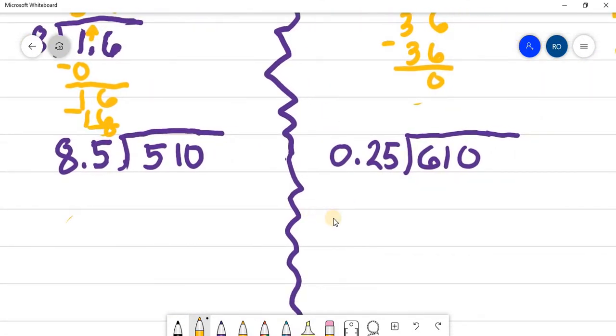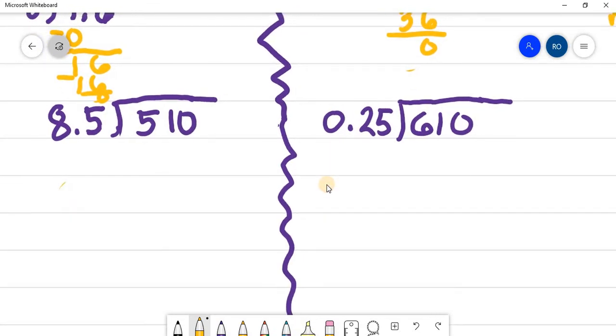Now, what if the whole number is the dividend and the divisor is a decimal? This time, we are dividing a whole number by a decimal. If the divisor is a decimal, we have to make it a whole number. How?